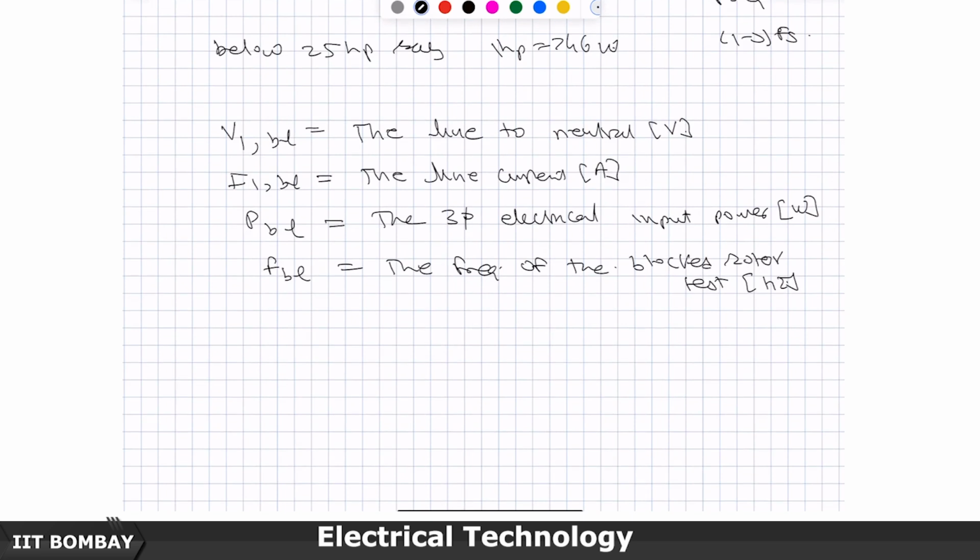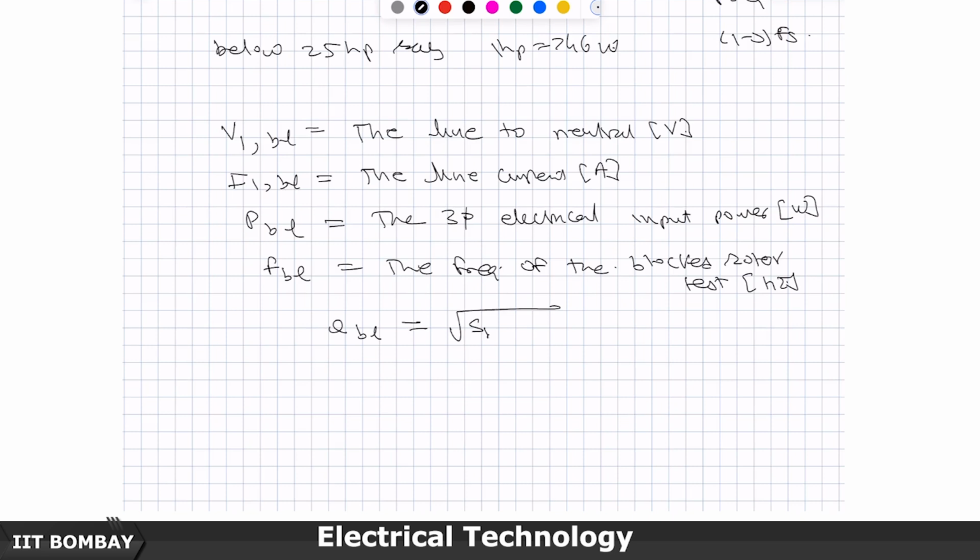Now, as we did earlier, I can calculate QBL. The blocked rotor reactance can be calculated from the blocked rotor reactive power.